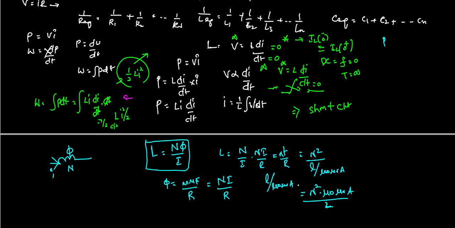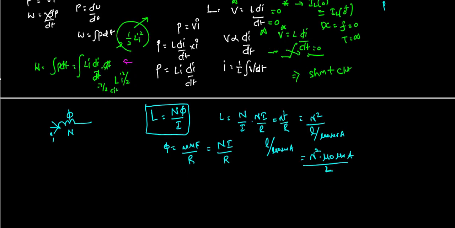Another question you can expect is, suppose the number of turns is doubled. What happens to the inductor? We know the relation L equal to N phi by I, so many simply say that if the number of turns doubles, the inductance doubles.